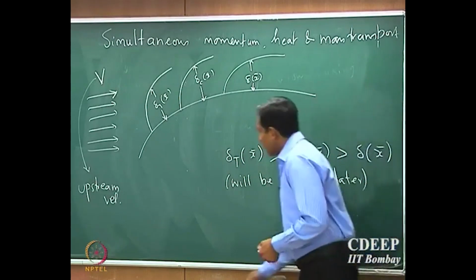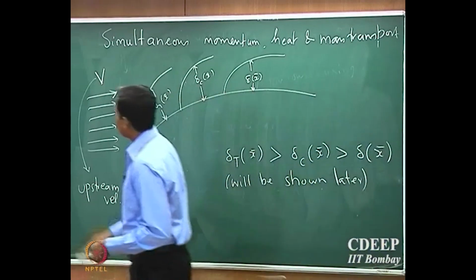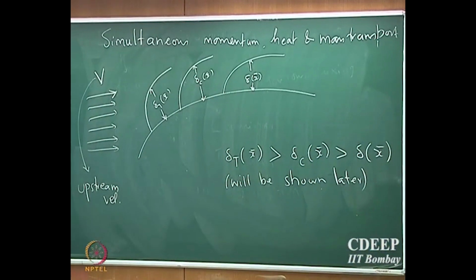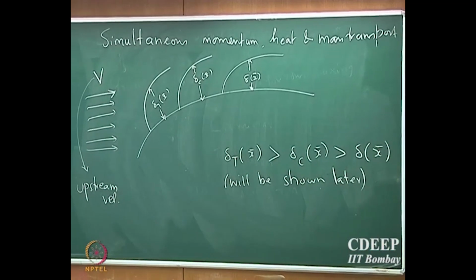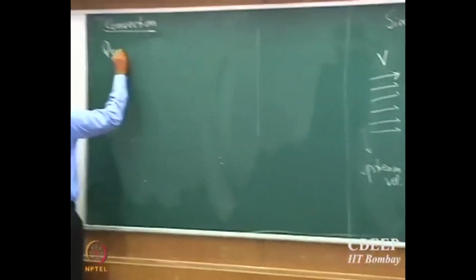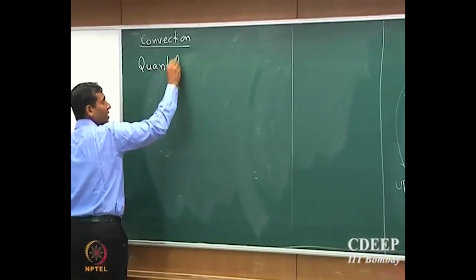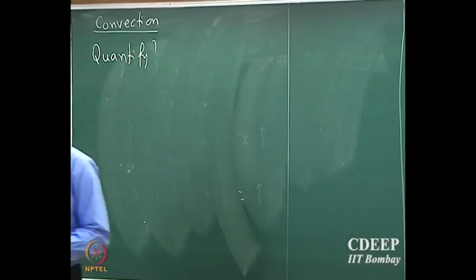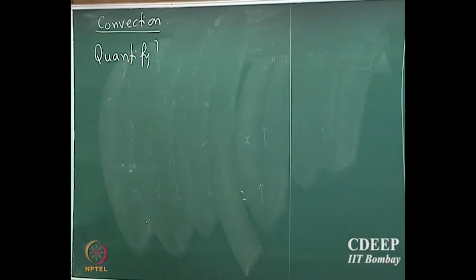Okay. All right. So now the question is, how do we quantify this process? Note that the objective of the course is to quantify these different heat and mass transport processes.